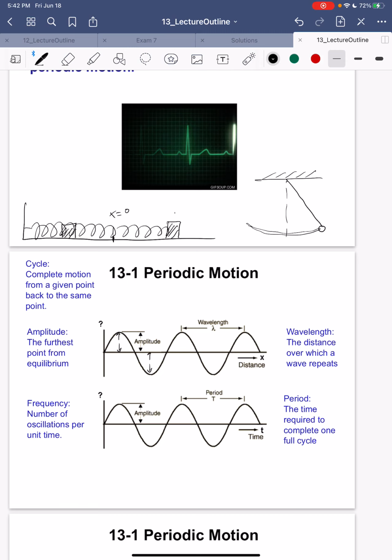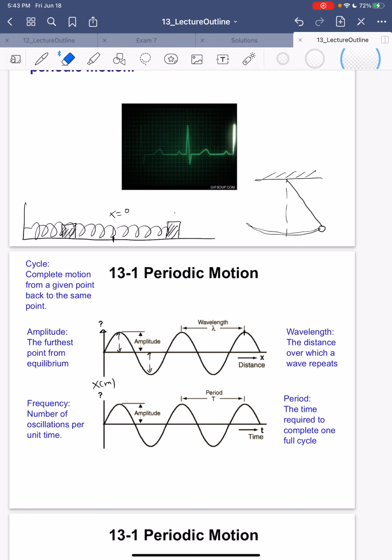The wavelength: if we have the displacement versus distance, the distance between any two successive crests is going to be the wavelength.